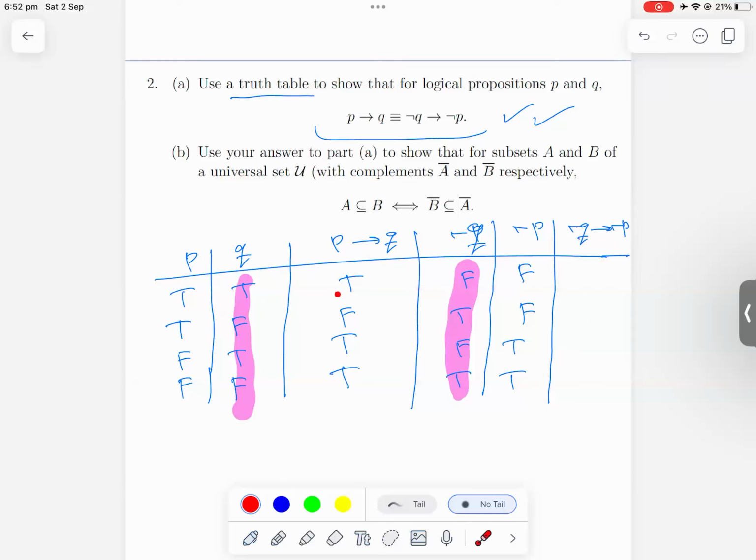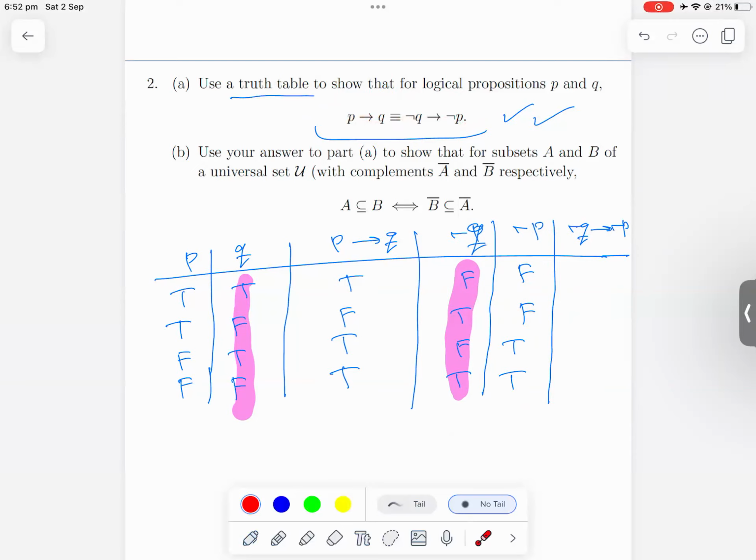So you can complete this one. From not Q implies not P, you can complete here, and you need to show that this column is equal to this one. So as a result, you can conclude that this is the same truth table, same values. So these are equivalent.